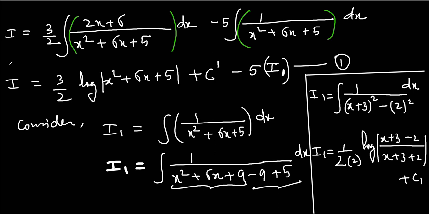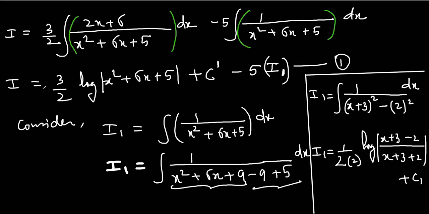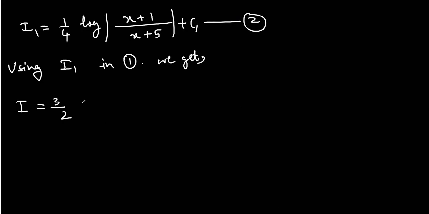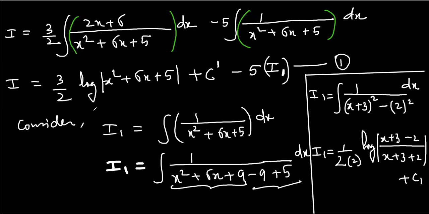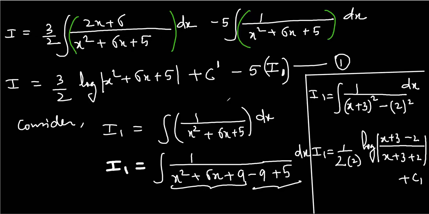Using I1 in equation 1, we get I equals 3 over 2 log of mod of x square plus 6x plus 5, plus c dash, ignore that c dash, minus 5 I1.